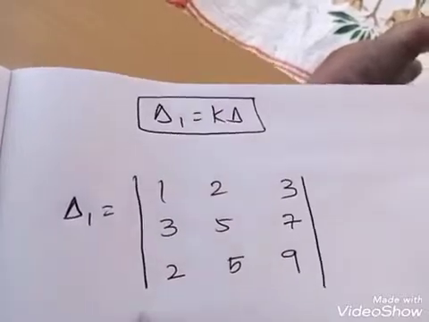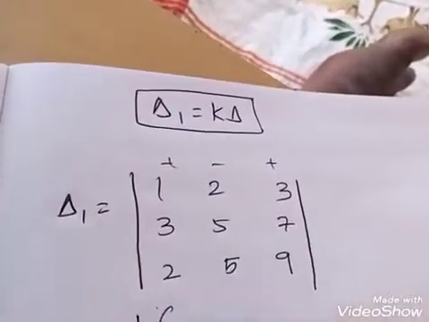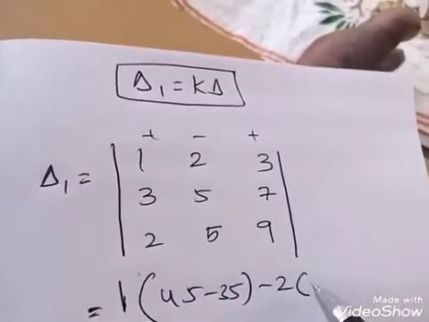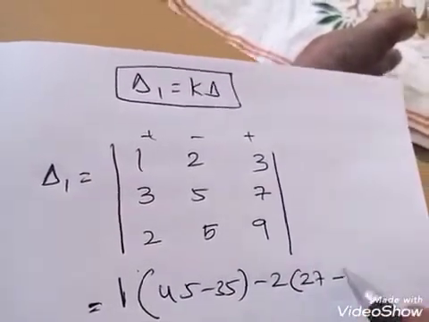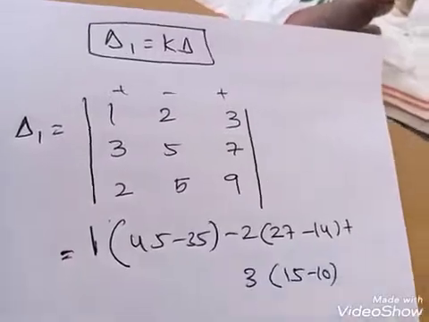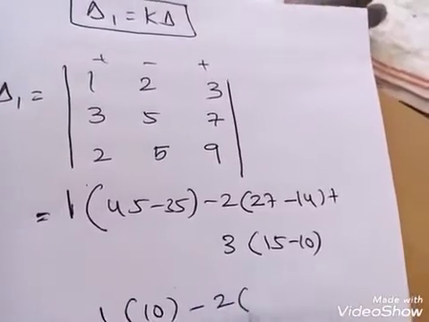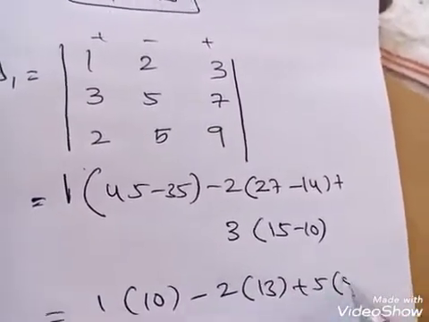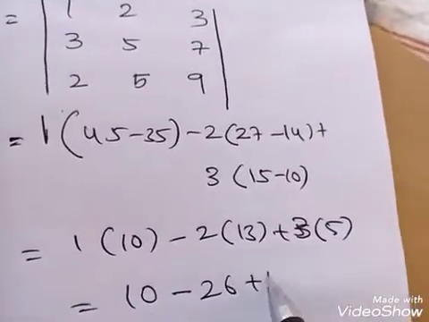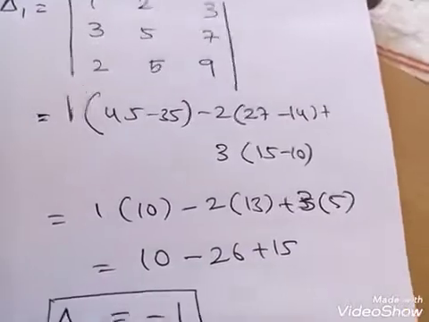Expanding with signs plus, minus, plus: 1 into (5 into 9 is 45, minus 35), minus 2 into (3 nines are 27, minus 14), plus 3 into (15 minus 10). This is 1 into 10, minus 2 into 13, plus 3 into 5. That is 10 minus 26 plus 15, therefore this is minus 1. So delta 1 is minus 1.